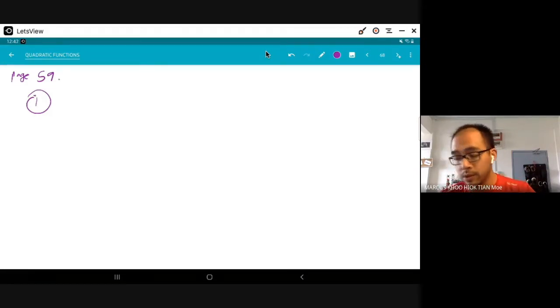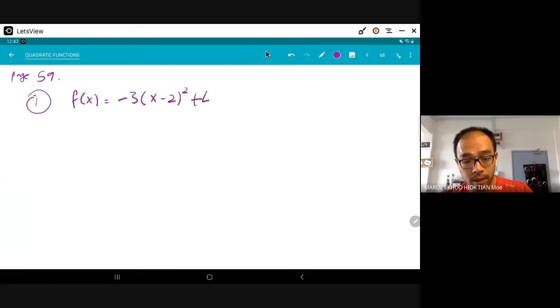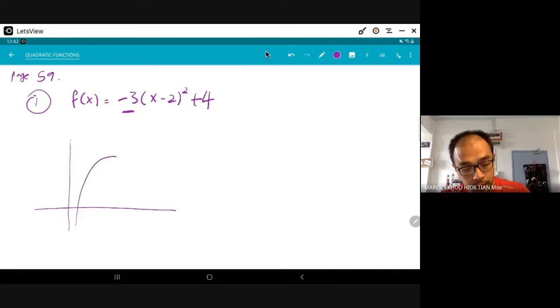So you have this graph, f(x) equals to negative 3(x minus 2) squared plus 4. Now this negative tells you that it is a maximum graph. Immediately kamu nampak kan, kamu mesti tahu sudah bah. So dia adalah graph maximum seperti yang ditunjukkan di sana. Dia graph maximum di mana titik maksimumnya adalah 2 dan 4.